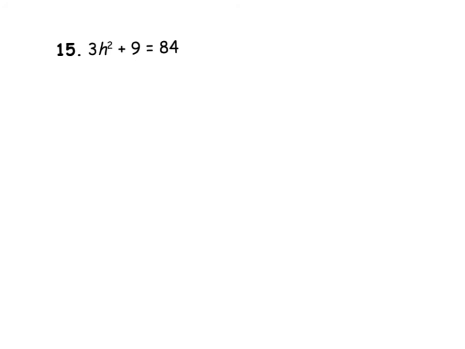Alright, number 15. I'm going to start out, and remember when we solve these, we do the order of operations backwards. So we're looking for addition or subtraction first, and here we can identify that we have addition. So how do we get rid of plus 9? We are going to minus 9 from both sides. So we get 3h squared is equal to 84 minus 9.